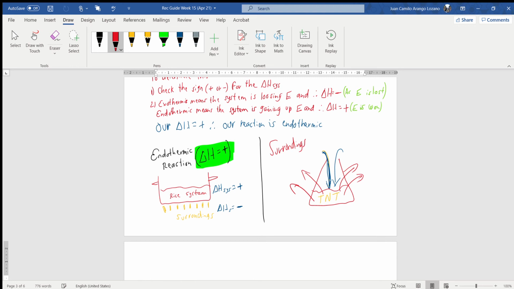And consider that therefore this is going to be my system. Okay, so in this case, let's take a look at it from that perspective.